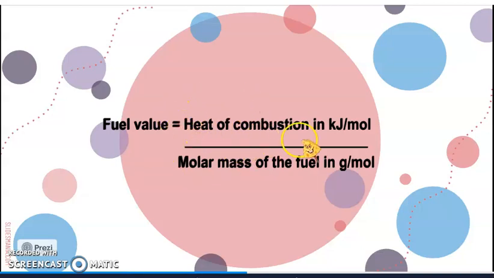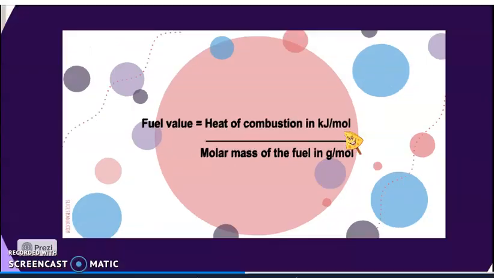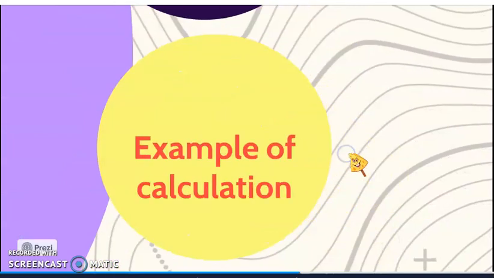So you must calculate the heat of combustion first, and then you divide by the molar mass of the fuel. But unit dia jangan tukar kepada joule per mole ataupun lainlah. Unit for heat of combustion mesti kilojoule per mole. Okay, example of calculation.